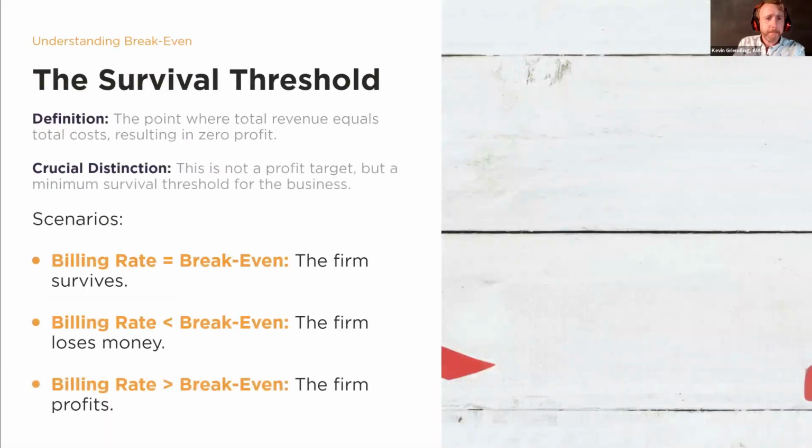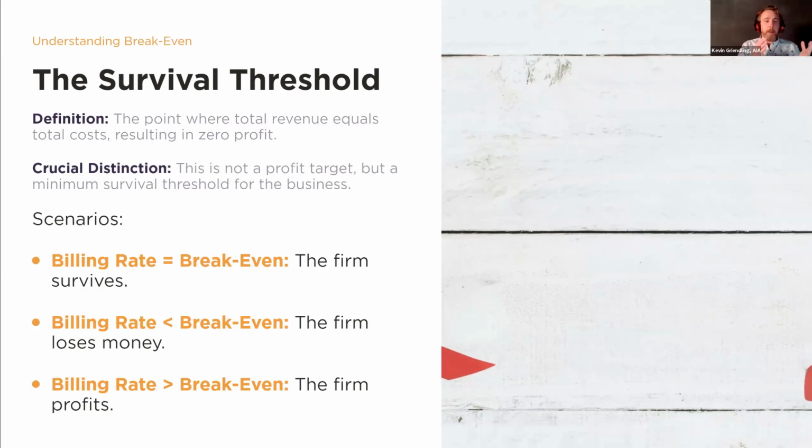So let's talk about that survival threshold. This is really where the analysis of not only the architect registration exam, but also just thinking about your firm's moves really comes into play. Contextualizing this and internalizing it in terms of how you analyze firm financials is going to help you put these financial terms in a place that makes sense to the whole fabric of the system.